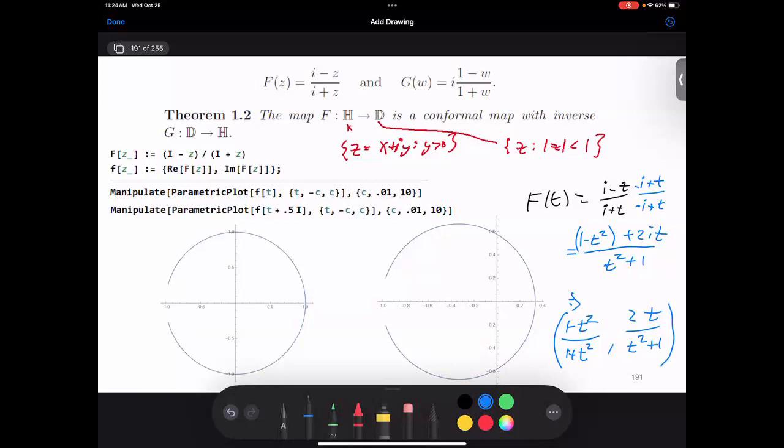Now I'm only plotting it from c. So my input is going from 0.01 to 10. And if you look, I'm not getting the entire unit circle. So how do we get to the point -1? What's going to correspond to -1?